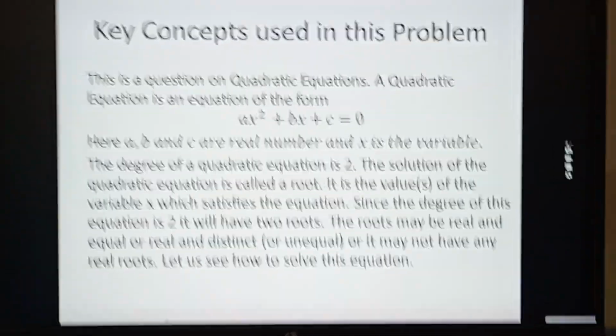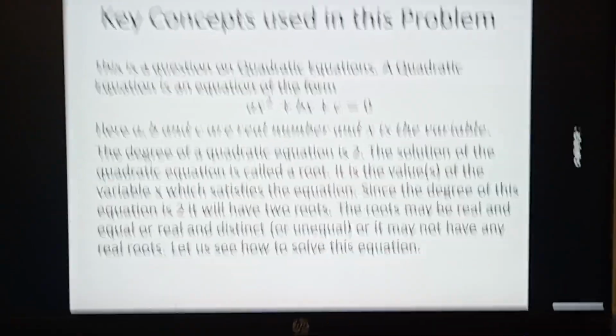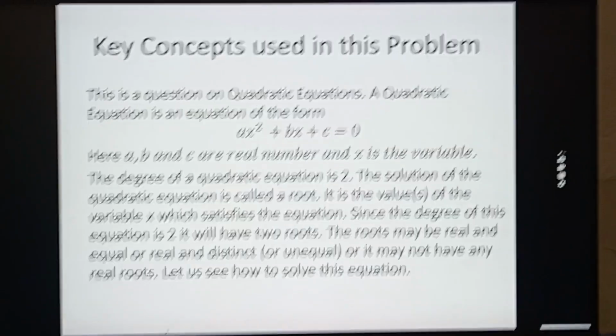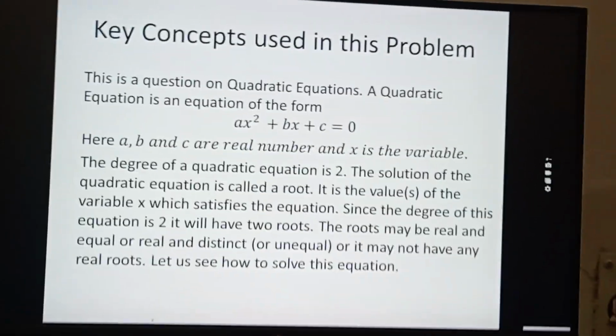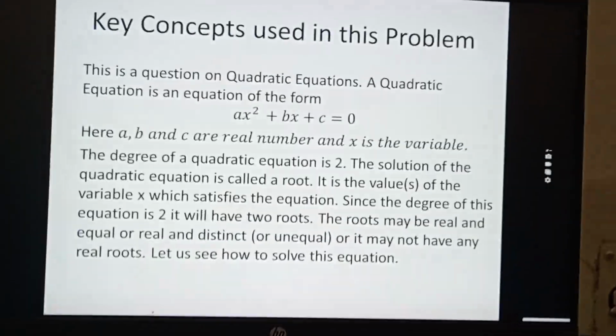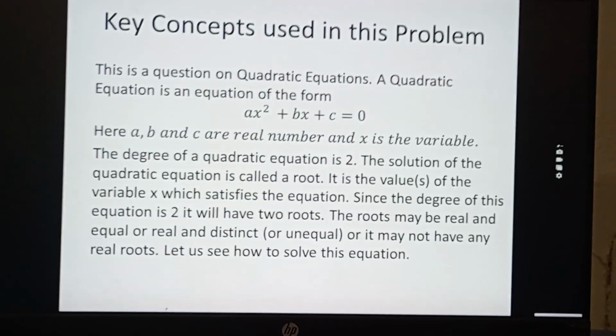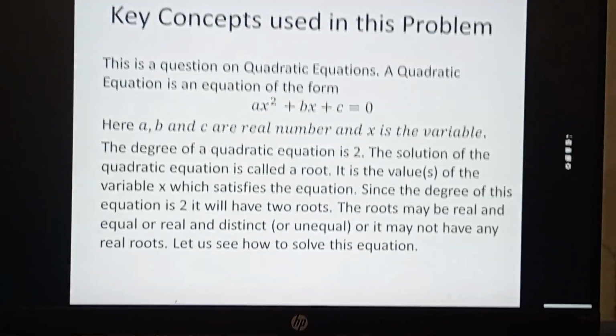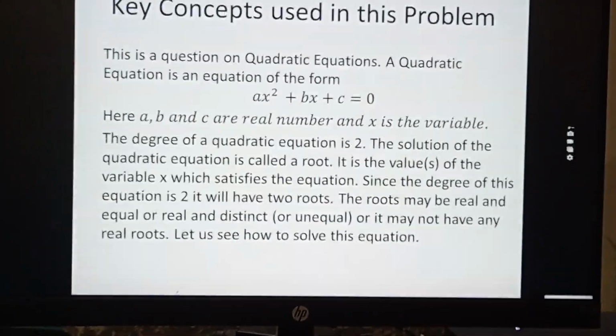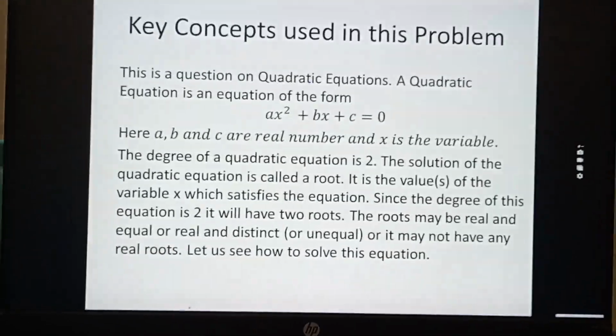See the key concepts before going to the solution in detail. The key concepts used in this problem we will see. This is a question on quadratic equations. A quadratic equation is an equation of the form ax squared plus bx plus c equal to 0.